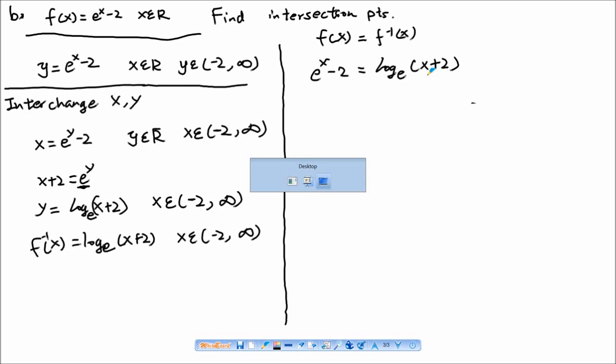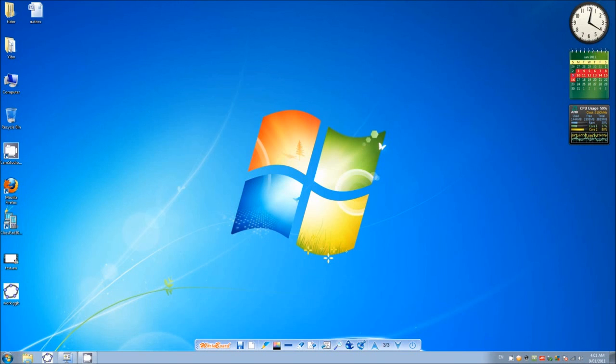So we just use our calculator to do that.